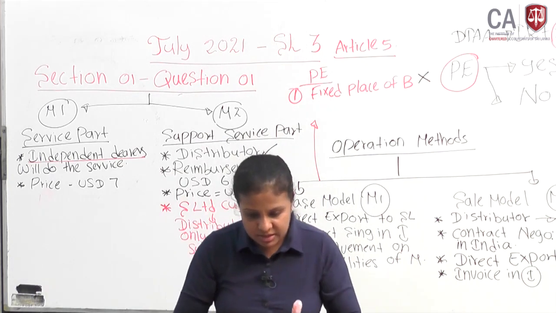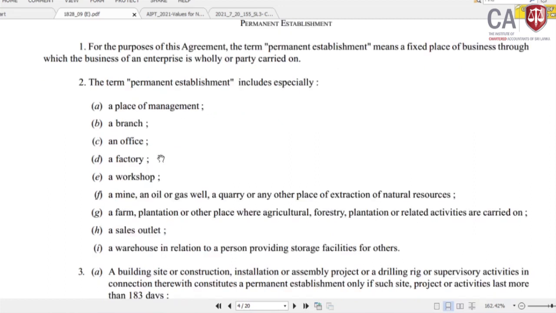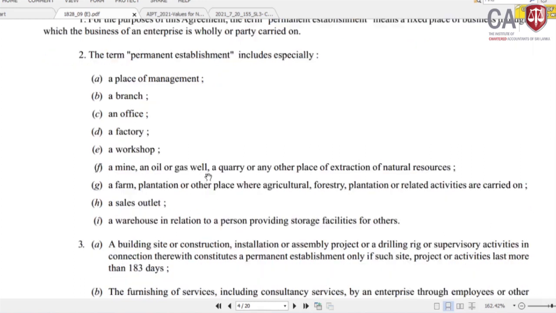Then the next one: the term permanent establishment includes specifically a place of management, a branch, an office, a factory, a workshop, a mine, an oil or gas well or quarry, or any other place of extraction of natural resources, a farm, plantation or other place where agriculture, forestry, plantation or related activities are carried on, a sales outlet, a warehouse in relation to a person providing a storage facility.